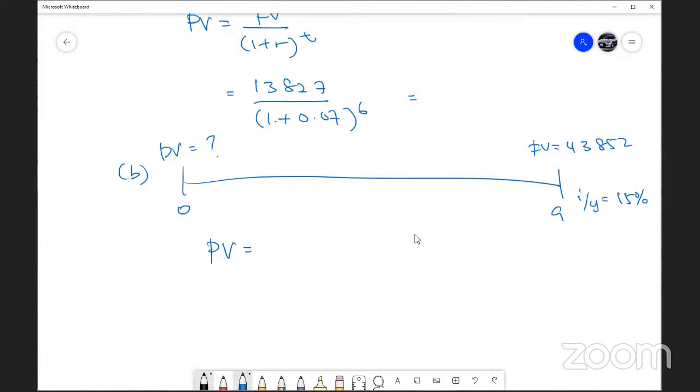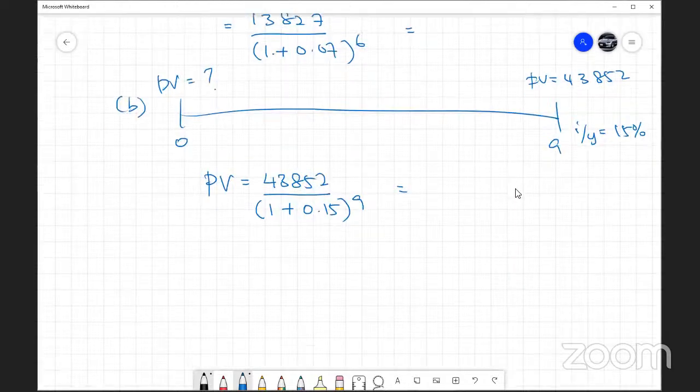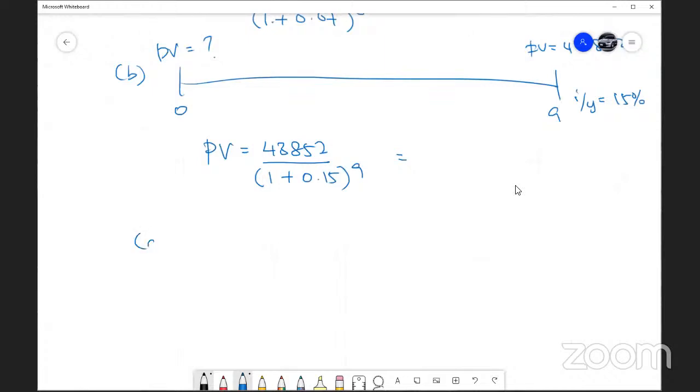PV equals FV, 43852 divided by 1 plus interest, 0.15, power of 9. Find out the answer. C, no need to draw a timeline. You know, PV equals your FV, 725380.